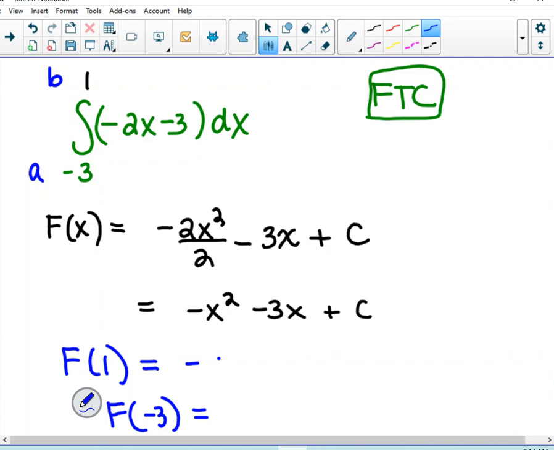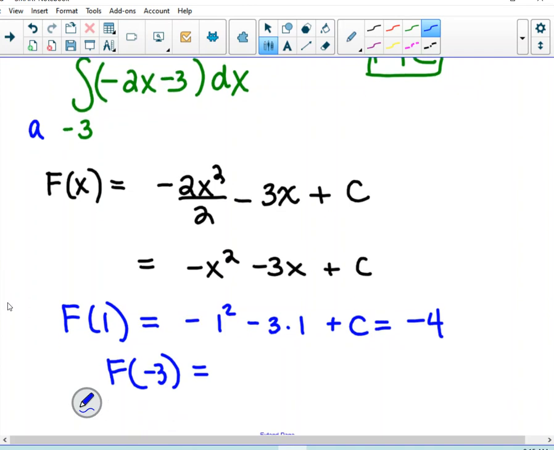All right, so -1 squared minus 3 times 1. Don't really need the c. How about -4? You have to watch this. This is really tricky because it's an x squared and then make it negative. So 1 squared, make it negative, and then 3 times 1, subtract that. So -4 plus c.